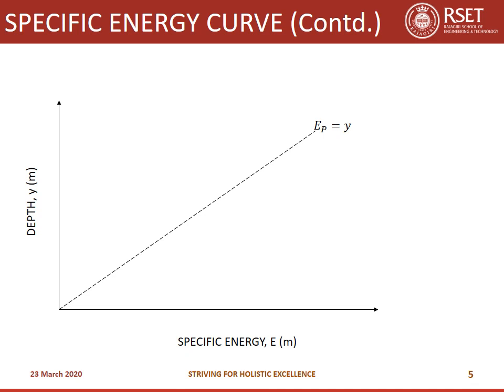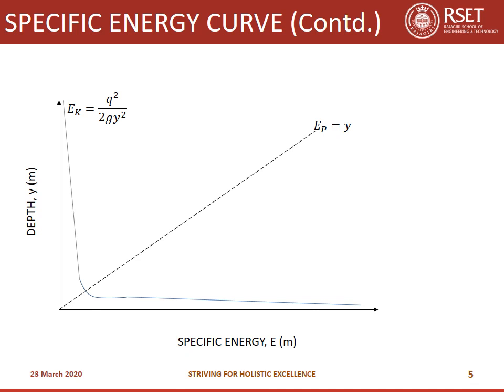Now let's see how that curve is going to come. This is the curve EK equal to q squared by 2G Y squared. Now some of you might be having a doubt as to how this curve obtained this shape. I'll make it simple for you. Let's check what happens when Y tends to 0. When Y tends to 0, EK tends to infinity.